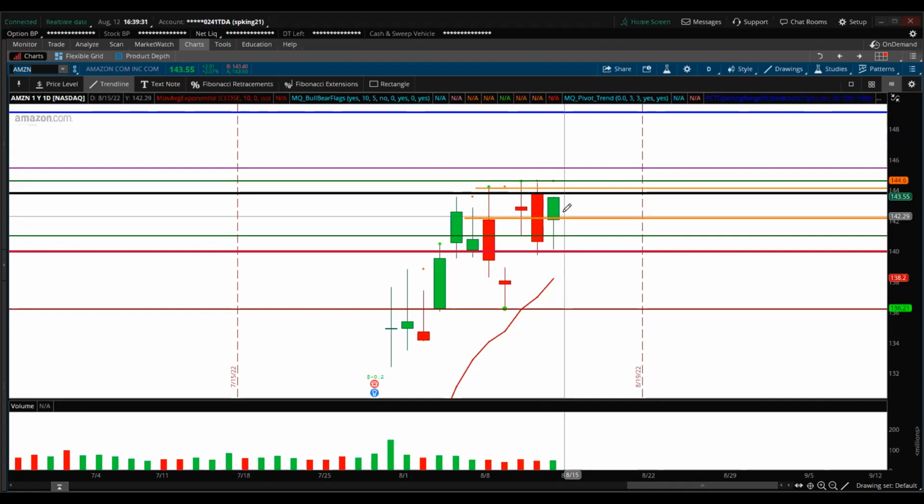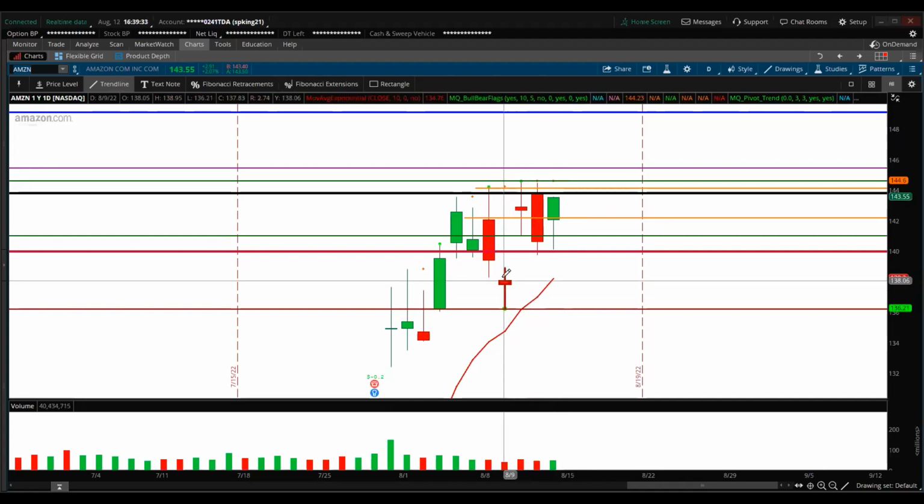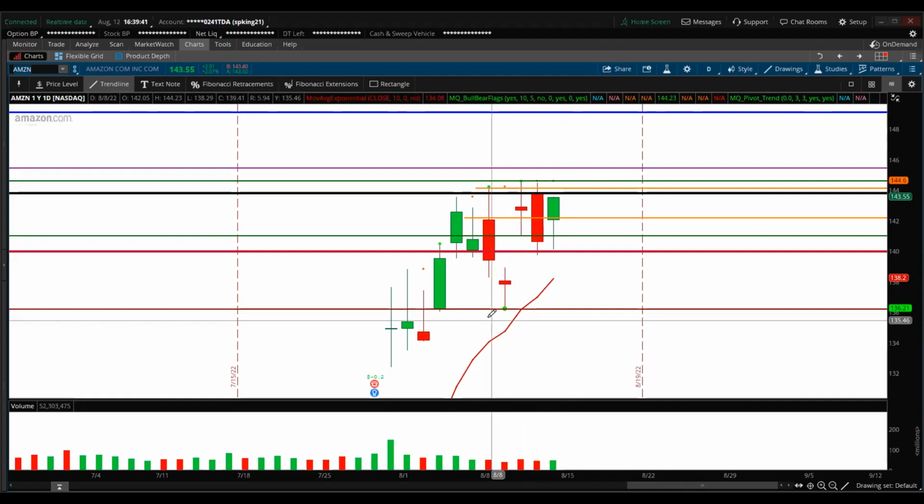Where would my stop normally be? Here's the last pivot low, so my stop can be down here. I can put in the low of this candle, 136.21.